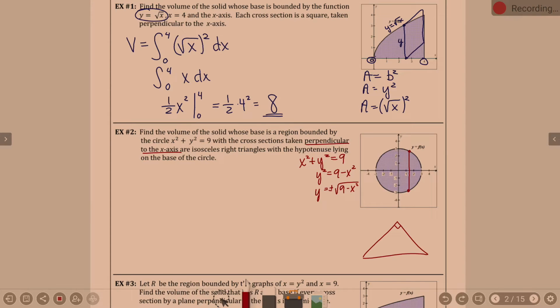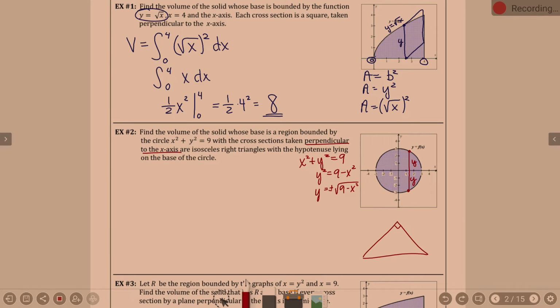Now, because this is a vertical distance on my graph, that means this distance up from the x-axis is a distance of y. What about the distance going down from the x-axis? It is also a distance of y. So earlier, we were only above the x-axis, so we just had a single distance of y.